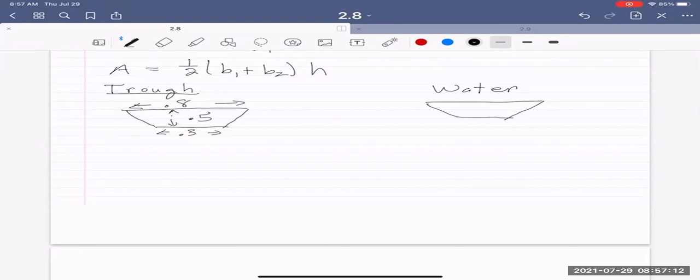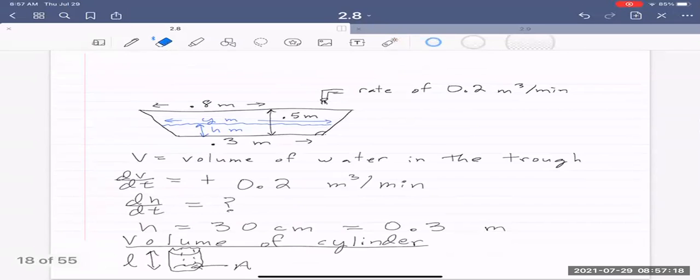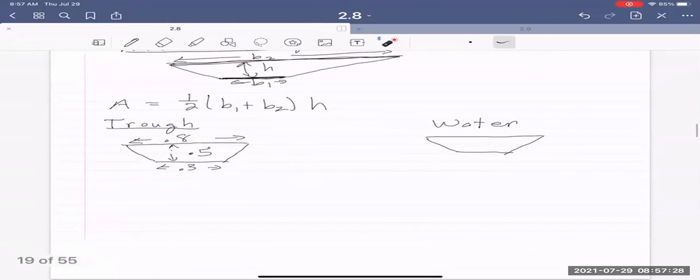And these are supposed to be similar. So this base here is going to be the same for the bottom of your trough and for the bottom of the water. So this is going to be 0.3.